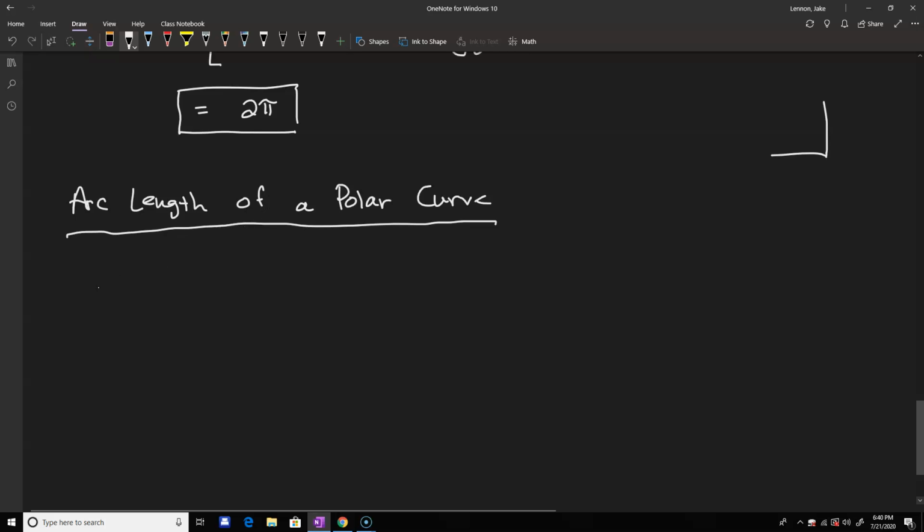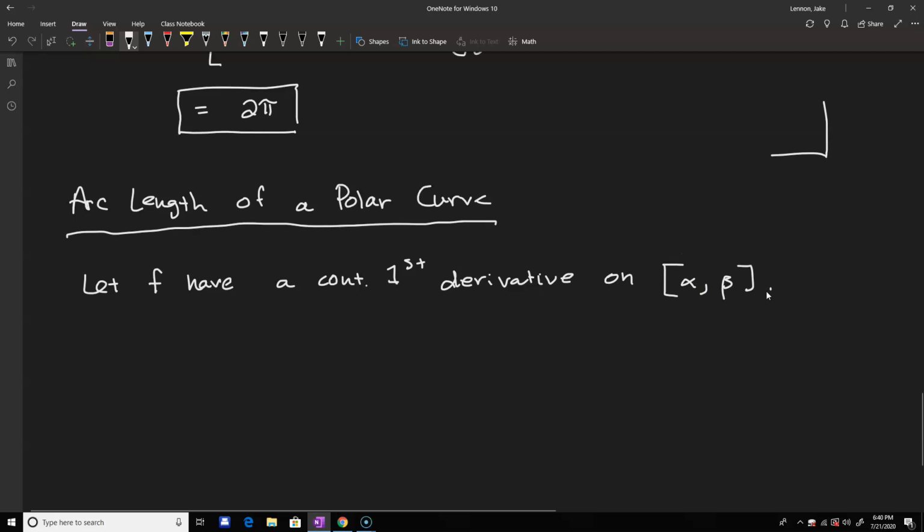So again, suppose that we have a differentiable function, so let f have a continuous first derivative on interval AB, or let's say alpha beta, those are better names for angles, on alpha beta.